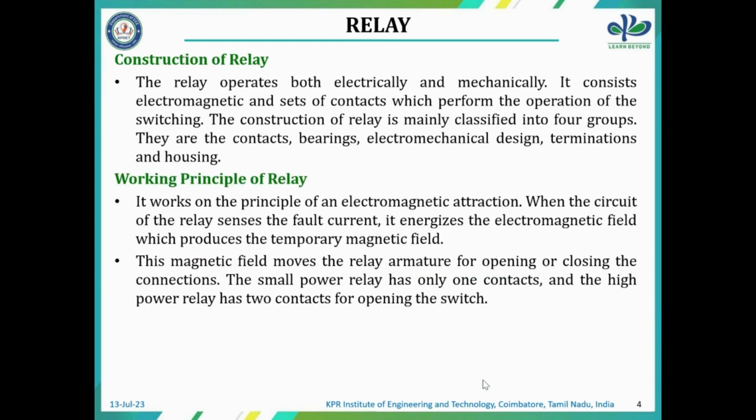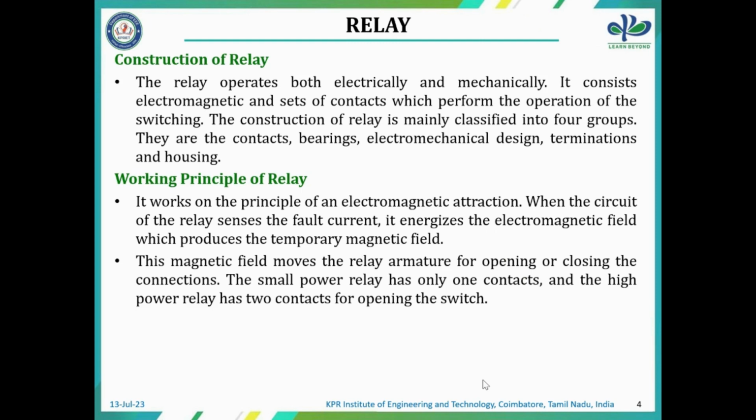We have seen the construction also. It operates both electrically and mechanically, and it consists of electromechanical setups in which the switching operations can happen. It consists of mainly 4 groups: contacts, bearings, electromechanical design, and termination and housing.